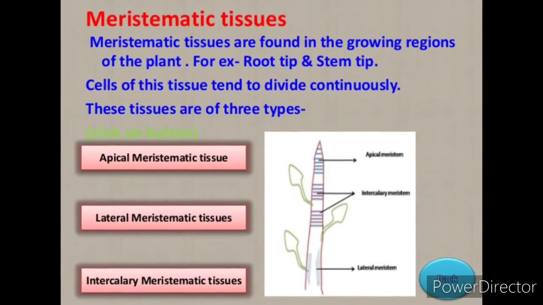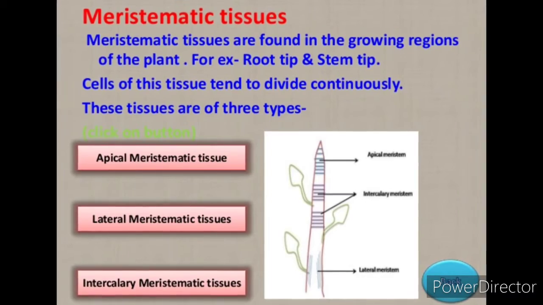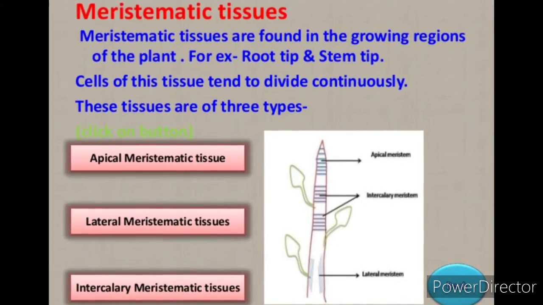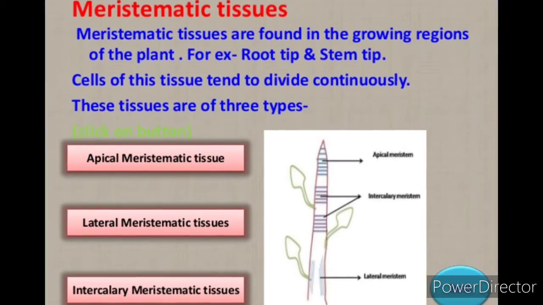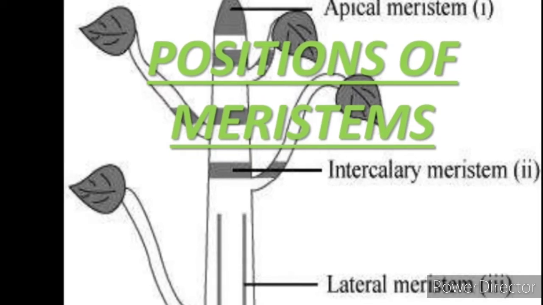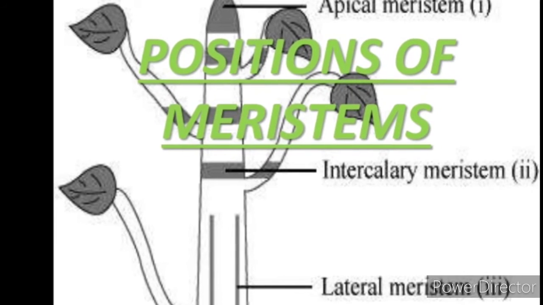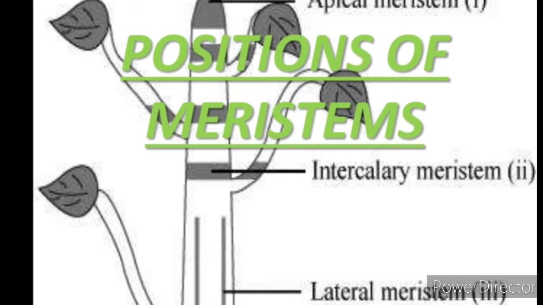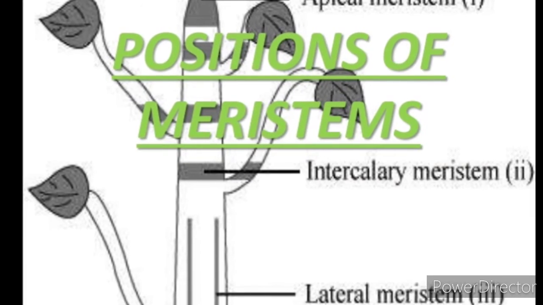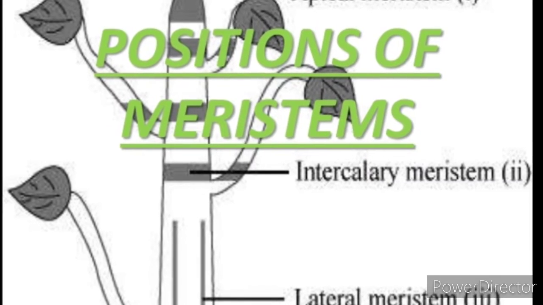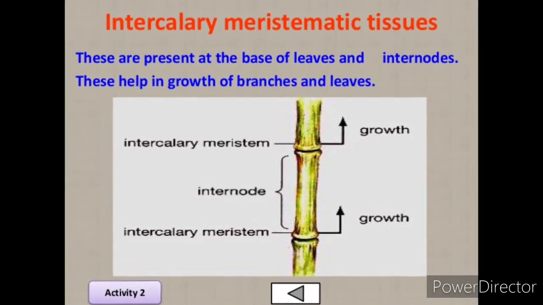Here we can see the locations of apical, lateral and intercalary meristematic tissues. Positions of meristems: apical at the tips, intercalary at nodal points, and lateral, which will increase the girth.